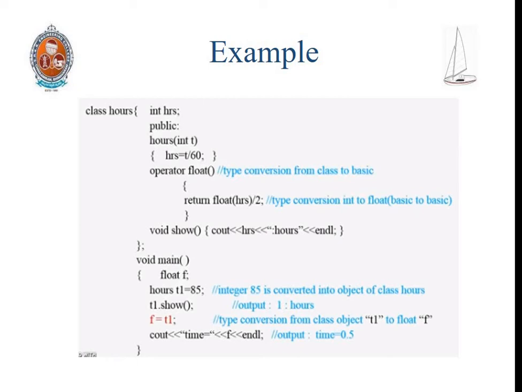When the main function executes, integer 85 is converted into an object of class hours and prints the value 1 by executing the show function. Where f equal to t1, the type conversion is done from class object t1 to float f. This is the example for that.